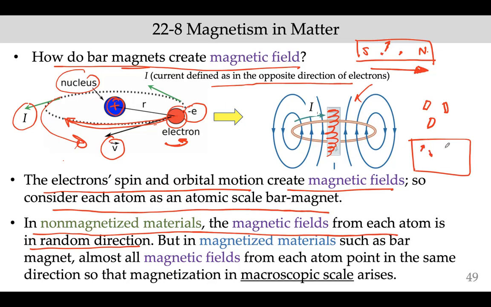Their north is showing in different directions. What happens if the directions of the atoms are random? Well, the magnetic field they create will be in all directions, and when you take the average, there will be no magnetic field. So globally, there will be no magnetic field, even though each atom creates a magnetic field. Because they are random, they cancel each other or average out to zero.